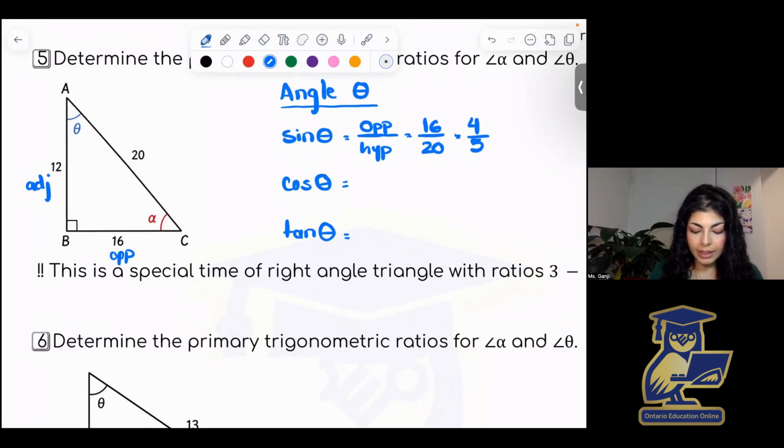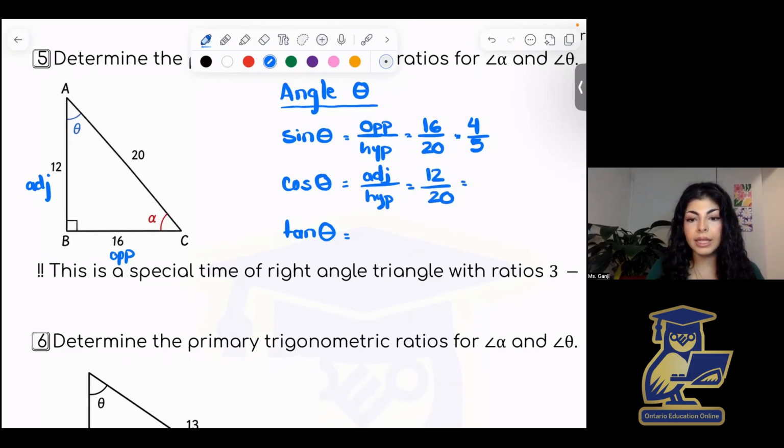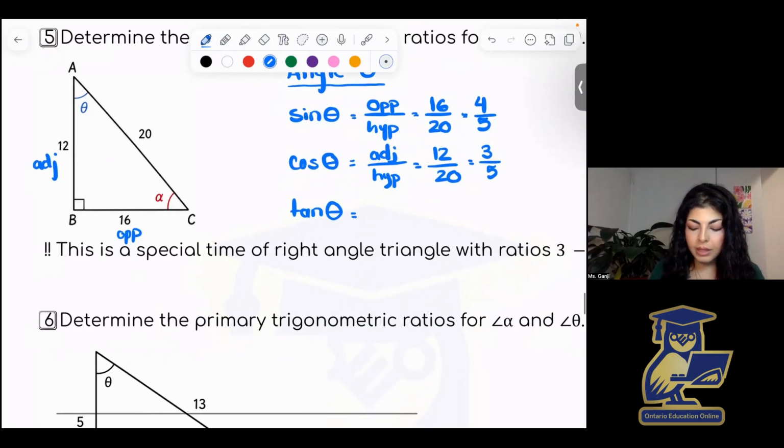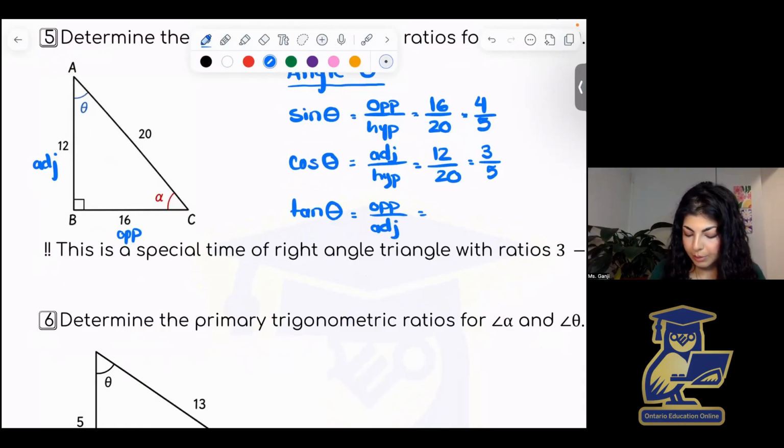Now, cosine is CAH, so adjacent over hypotenuse, and this is going to be 12 over 20. If I simplify this as well, we have 3 over 5. And finally, tangent, TOA, is opposite over adjacent, and it's going to be 16 over 12, or 4 over 3.